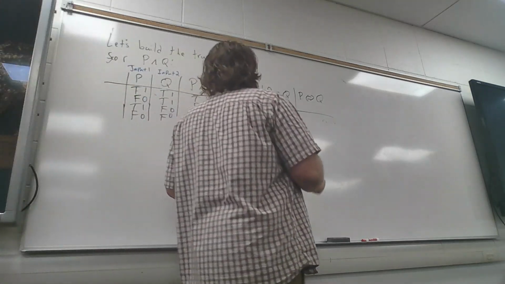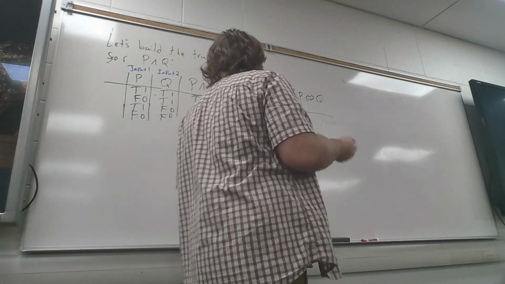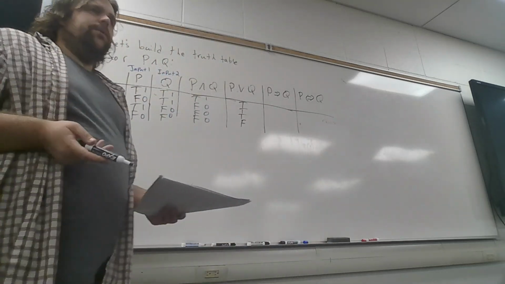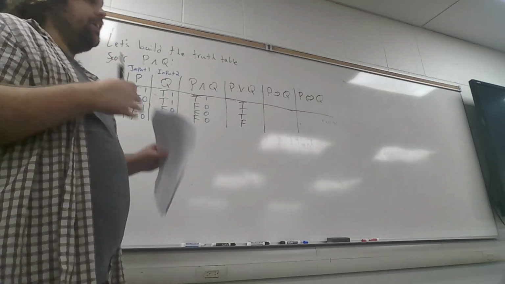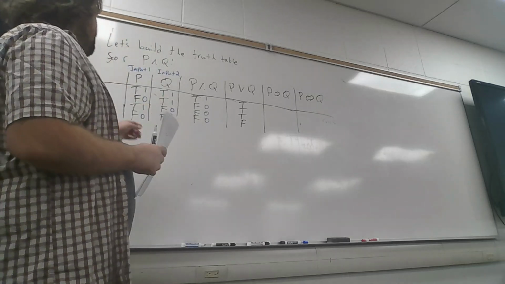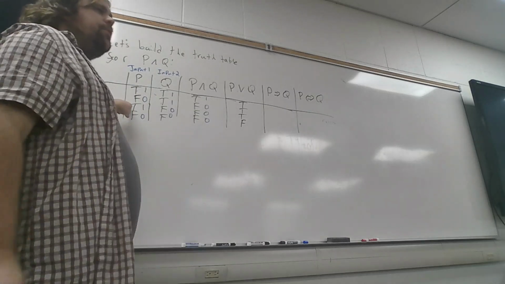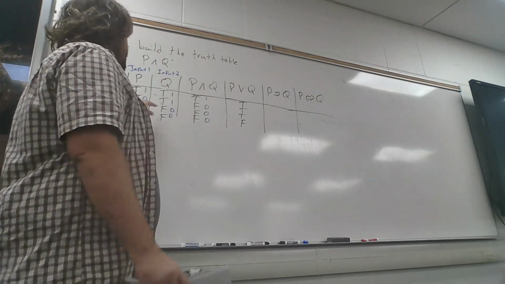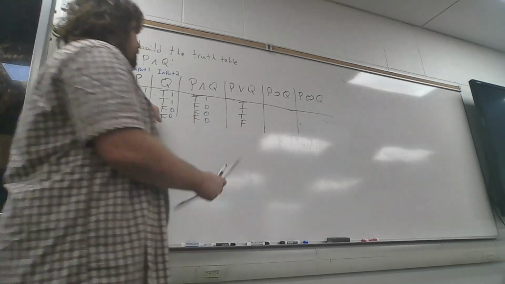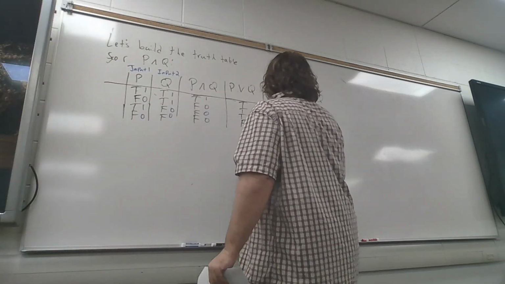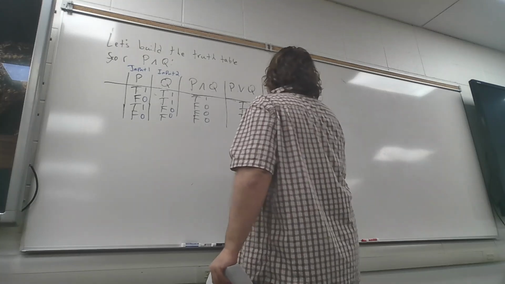This is the weird one, but I mentioned, think of it like a promise. The only time I really break a promise to you is if you kept your side of the bargain and I didn't. So in this case, we write down a false. Every other situation, we write down true.